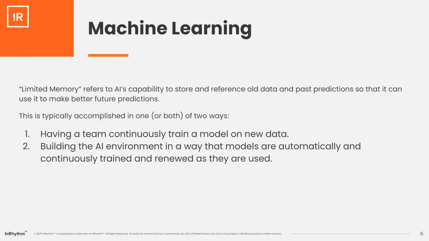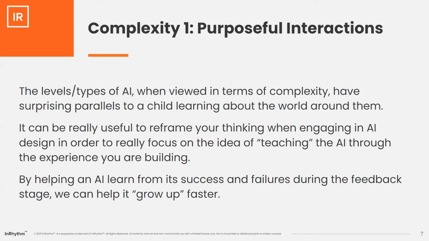So, thinking about this second point here, building the AI environment in a way that models are automatically trained. This is arguably the one that is far easier for us as designers to help with.